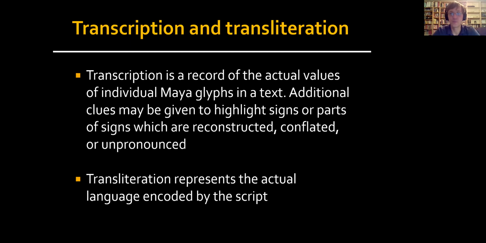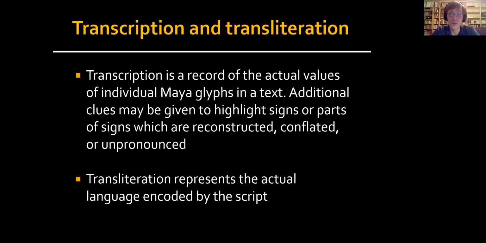When we publish or discuss a Maya text, it's very important to distinguish between the 3 T's: transcription, transliteration, and translation. In order to understand the text, you have to be able to read it letter by letter, glyph by glyph. Then you have to understand how those glyphs correspond to actual words in a reconstructed Maya language.